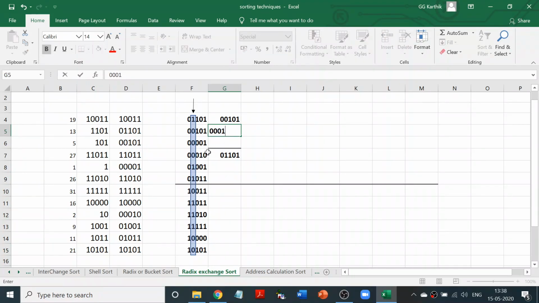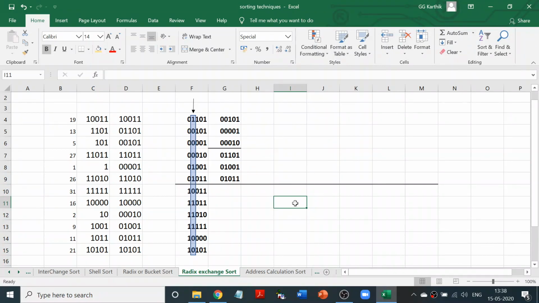Now this number is again 0, so 0, 0, 1, 0. This number's second digit is 1, so it comes below: 0, 1, 0, 0, 1. Same way here, again it is 1, so below the line: 0, 1, 0, 1, 1. Yes, so we have the list here.